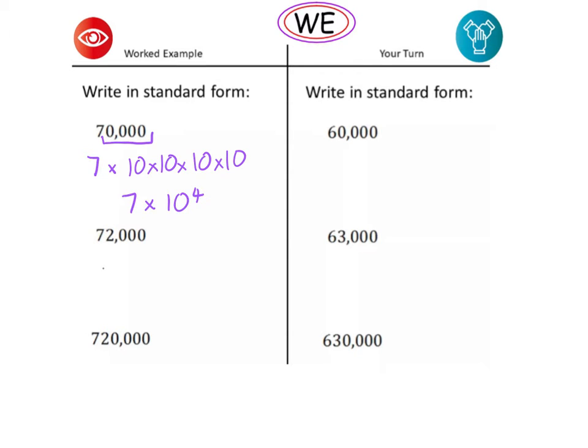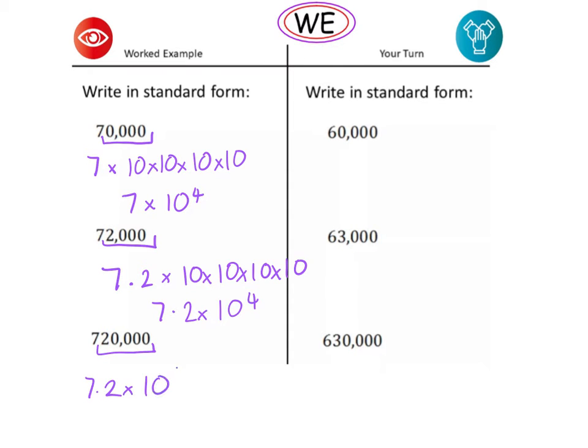So this one will be 7.2 times 10 times 10 times 10 times 10. So again, 7.2 times 10 to the 4. So it is to do with the amount of place values after the first digit that you're dealing with. So on the last one there, you've got 7.2 times 10 to the 5. And it's quite easy once you can see the pattern as you go through.